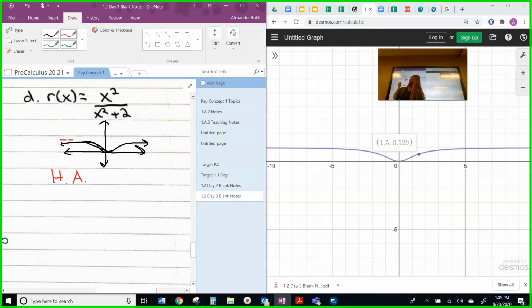So there's this line here, and my y value is never actually going to touch the number 1. For a vertical asymptote, there is no vertical asymptote. So that's still none.